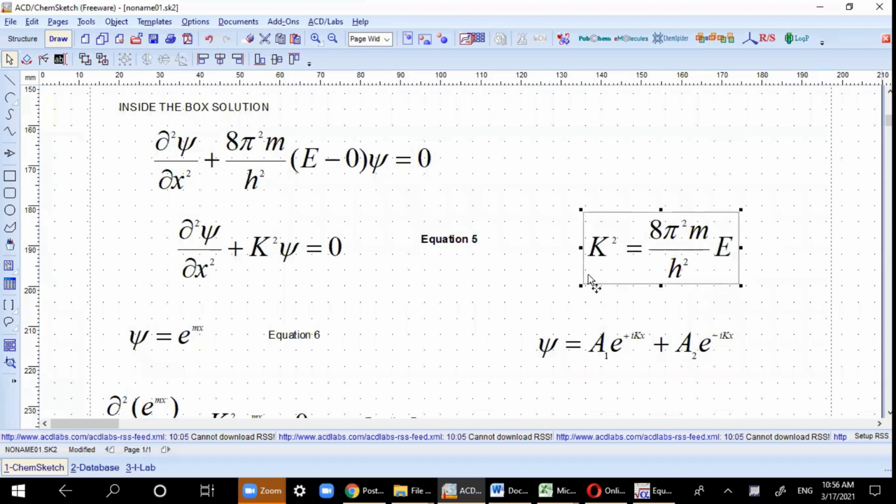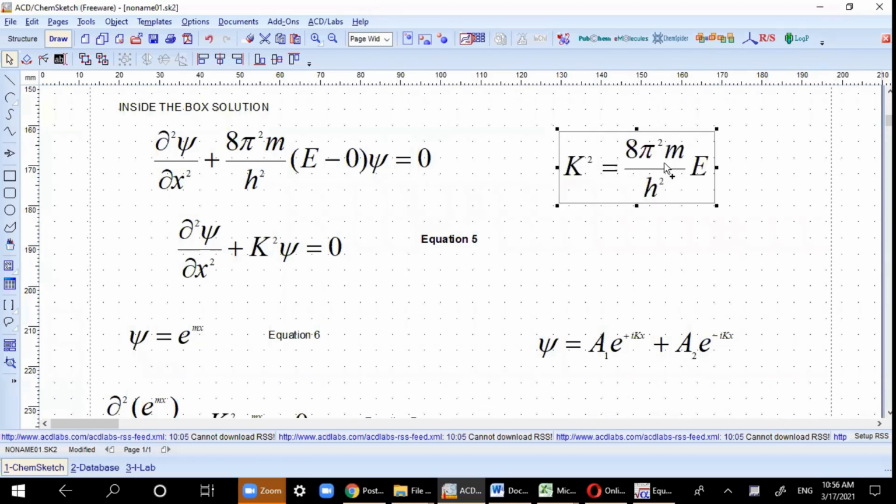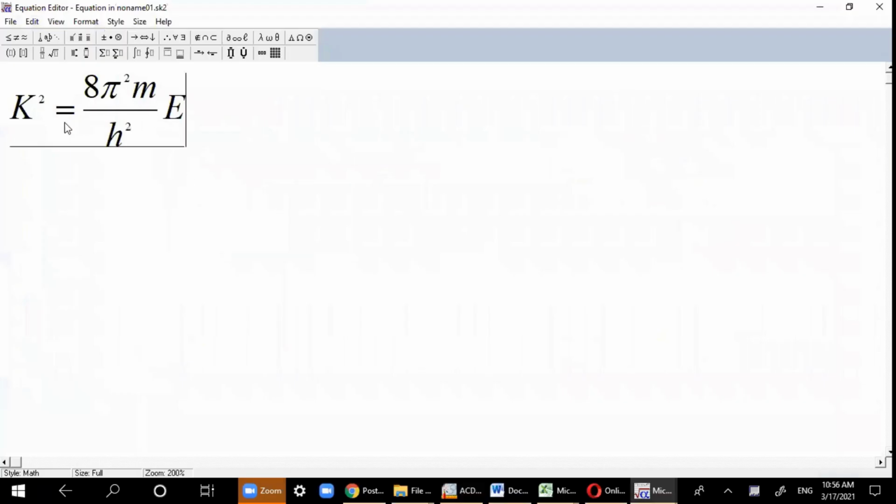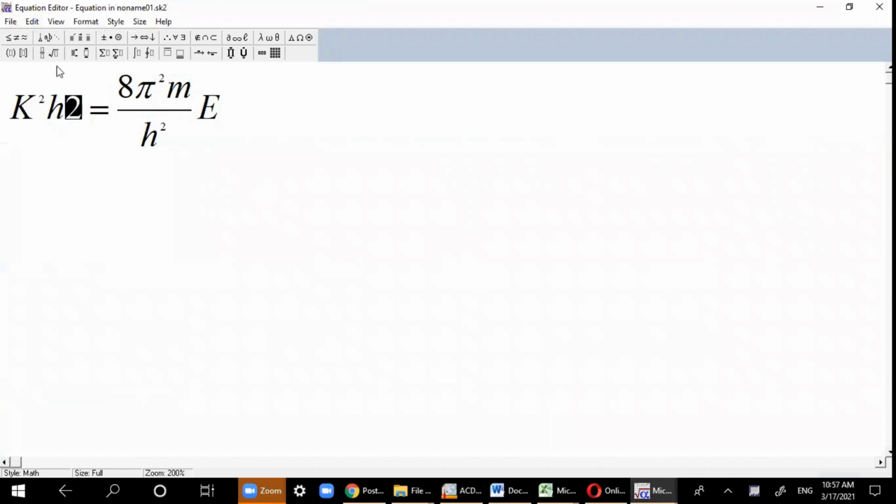K square h square by 8 pi square m. That is the solution for energy. And what is the k here? This is the principal quantum number. Let me introduce all the 4 quantum numbers later; first we are introducing only one.